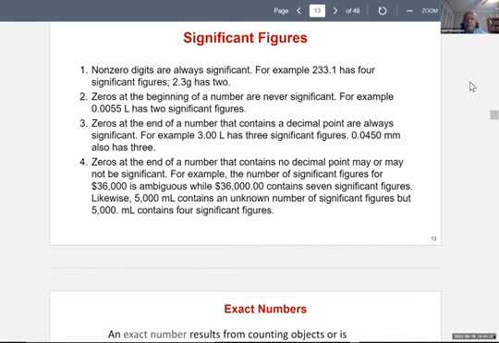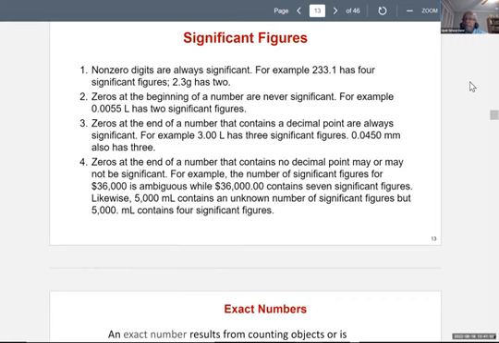Therefore, both zeros count as significant figures, so 3 significant figures. In the second example, 0.0450, the beginning two are leading zeros. They are not significant. But the last one on the right, after 45, is in the decimal place.